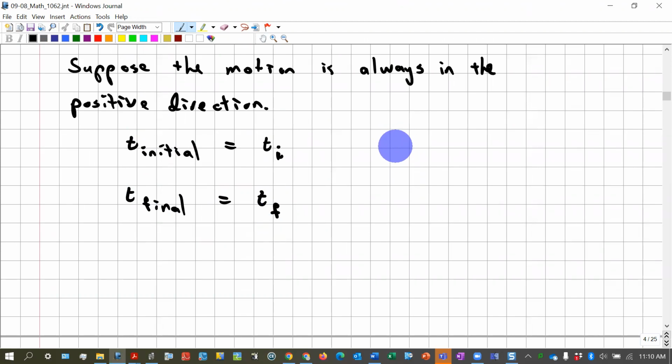And then we have position initial and position final.